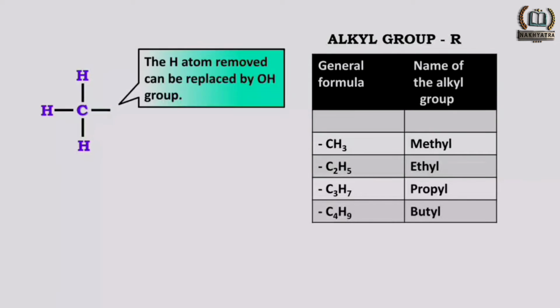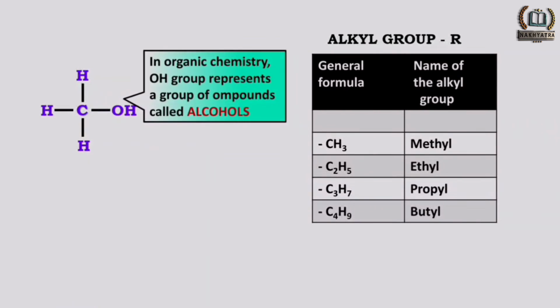To make it stable, we will replace it by OH group. So in organic chemistry, OH group represents a group of compounds called alcohols. We will further study about these alcohols, but as of now, just keep this point in mind.